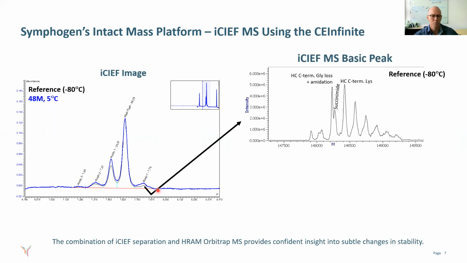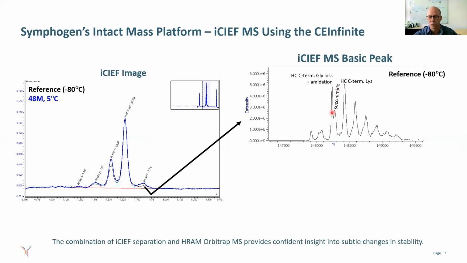Now, if we look at this basic form, because we now have an MS readout for the reference sample, we can see that there are 3 dominating forms in the basic peak. We have a loss of terminal glycine followed by a proline amidation on the heavy chain. That's this peak here. We then have a succinimide, which is a loss of an acidic group, and therefore it migrates basic.